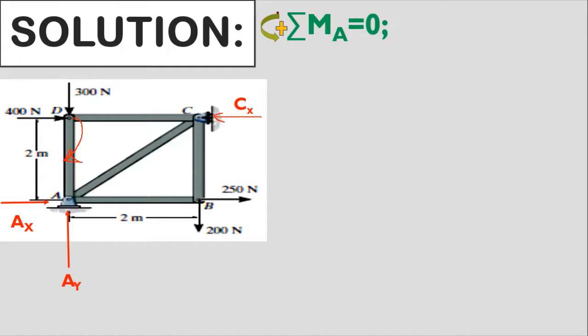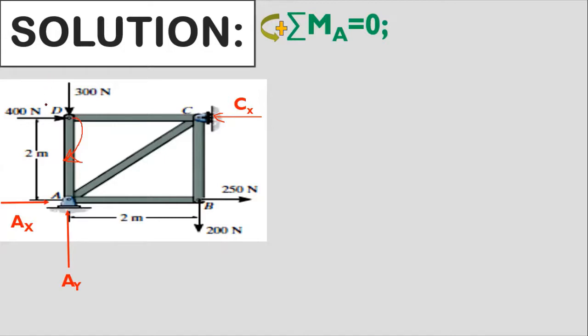In this case, when we rotate this 400 Newton force, its direction is clockwise, so it becomes -1, multiplied with the 2 meter distance. The best thing about this question is that the vertical height is 2 meter and the horizontal distance is also 2 meter, so there is no chance of mistake, even if you take the wrong length.